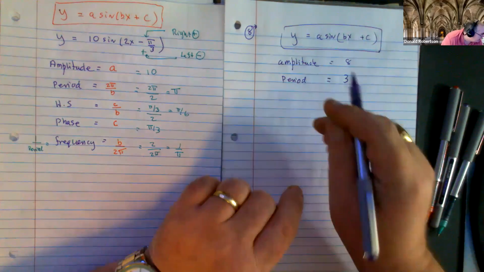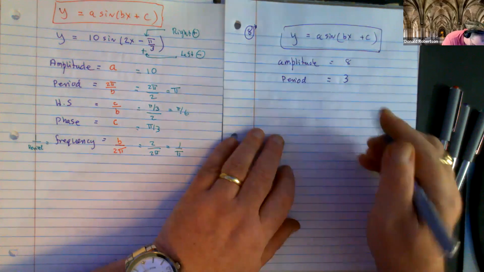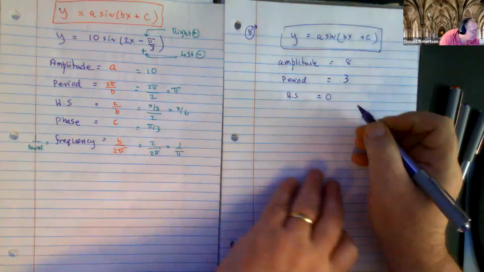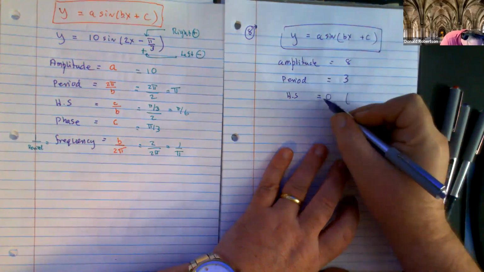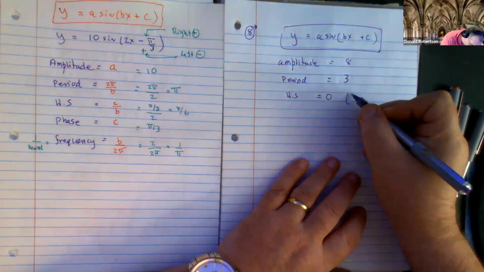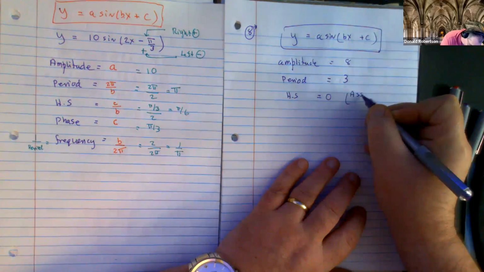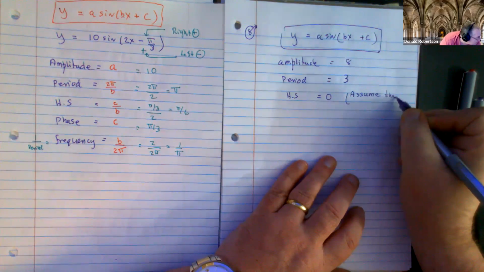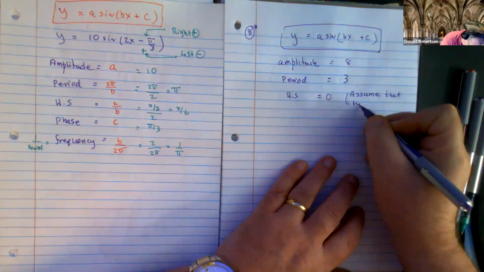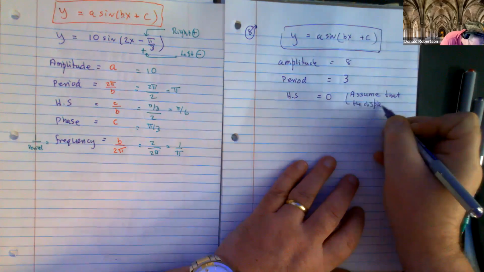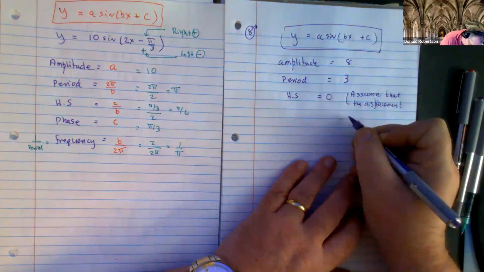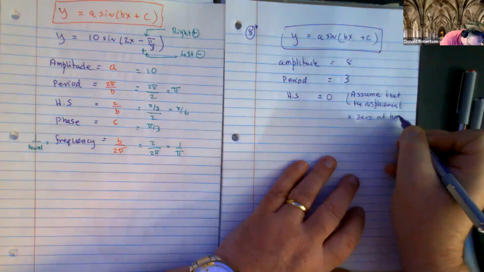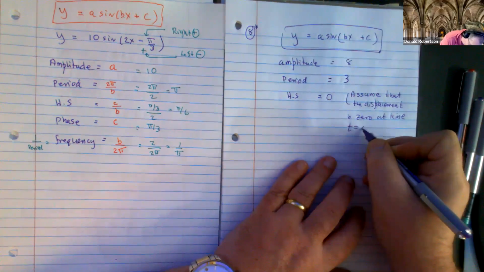And they don't phrase it in a very clear way, but what they tell me here is that the horizontal shift is 0. The way they do that is not by just saying the horizontal shift is 0, which I wish they would, but they say this: assume that the displacement is 0 at time, oh, I better change my variable, at time t equals 0.